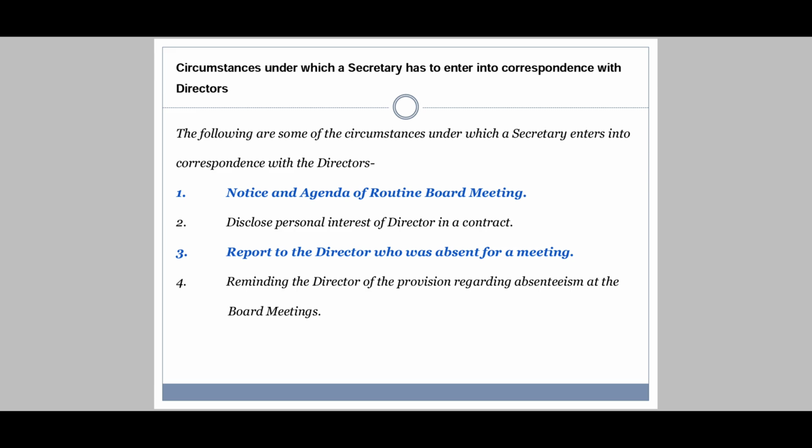Then you have got disclosure of personal interest of directors in a contract. Third is report to the director who was absent for a meeting. And lastly, reminding the director of the provision regarding absenteeism at the board meeting. In this chapter, we are going to do only 2 letters, that is first and third.